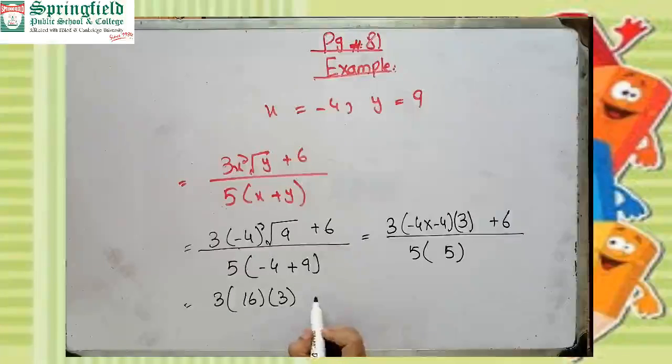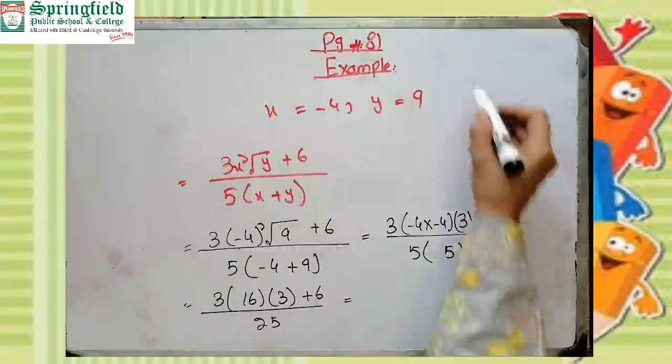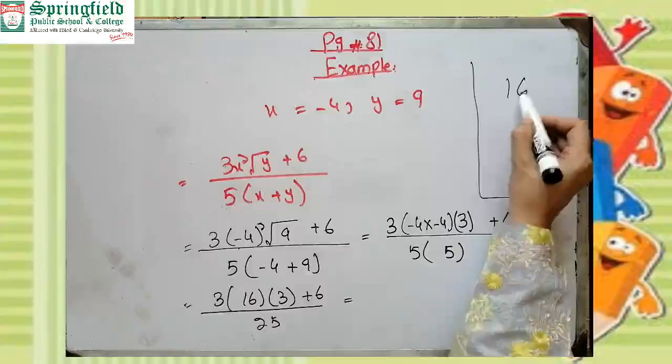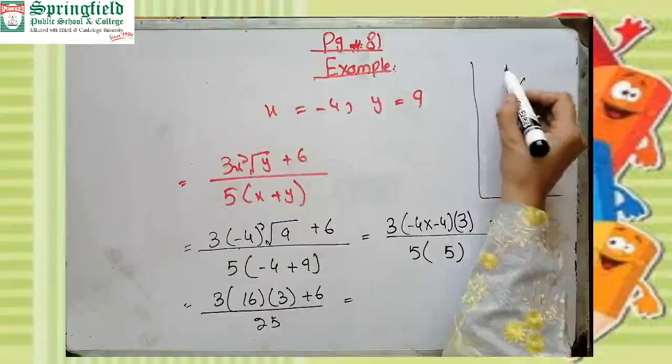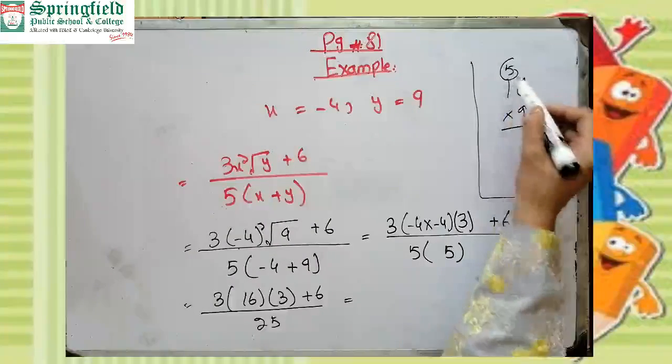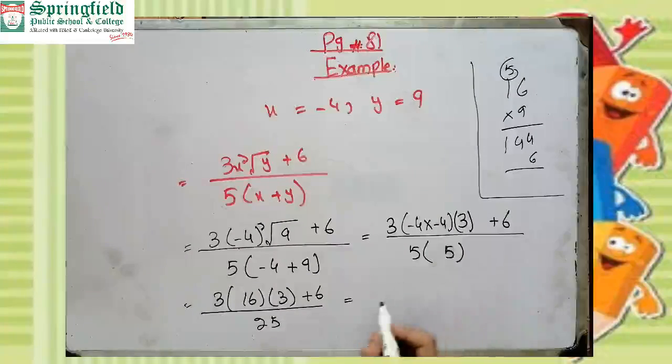Fine. Okay, now 3 times minus 4 multiplied by minus 4: 4 fours are 16, minus times minus is plus 16, multiplied by 3, and then plus 6 divided by 5 fives are 25. So multiply 3 threes are 9, and 9 multiplied with 16, what will be the answer? 16 multiplied with 9: 9 sixes are 54, 9 ones are 9, 10, 14, and then add 6, so it will become 150 divided by 25.